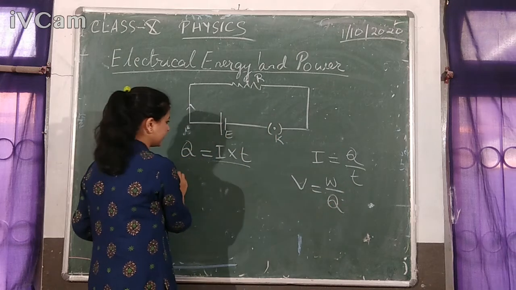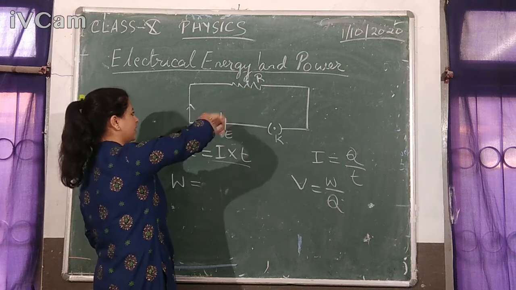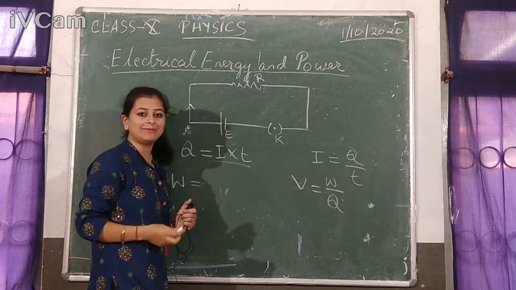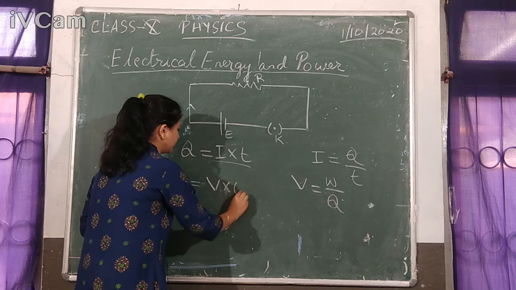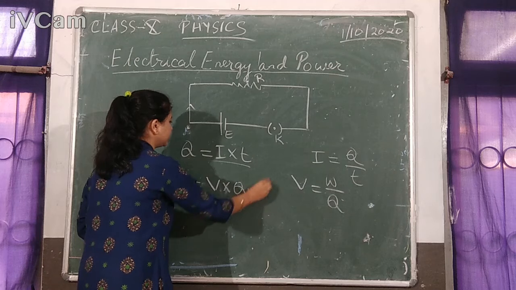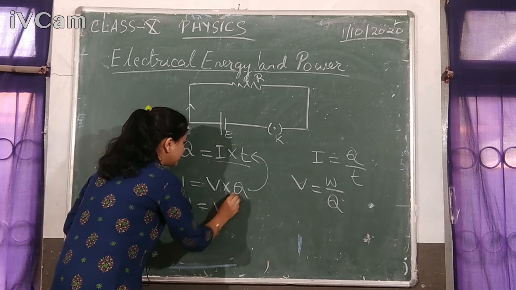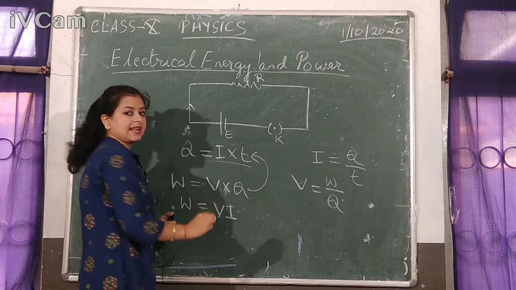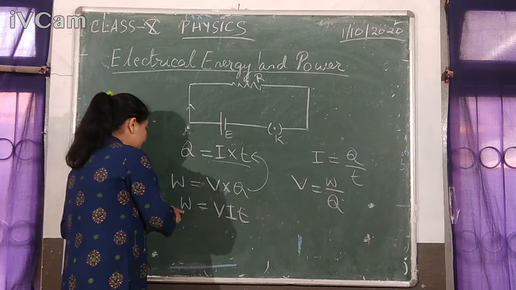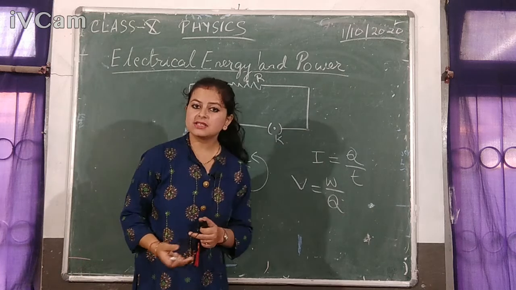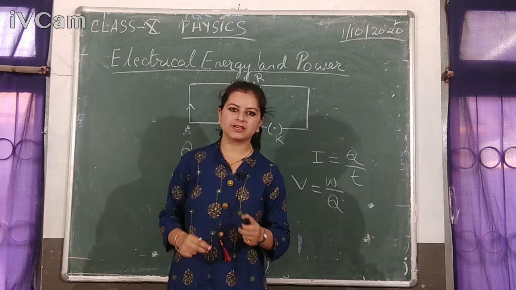And from here we can write work done in passing this electrical current, or in passing the amount of charge Q in time t, is equal to just cross multiply V into Q. But from this expression, Q is I into T. So we can replace this: V will be written as it is and Q can be written as I into T. Now, this amount of work done is only stored in the form of electrical energy, or is only consumed in the form of electrical energy.